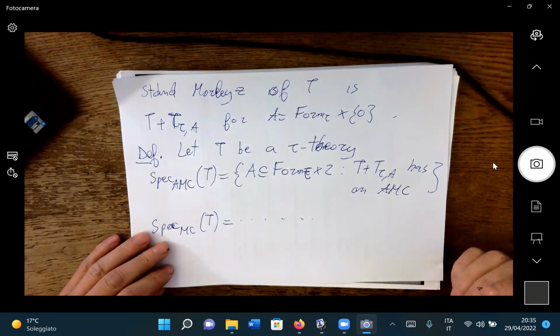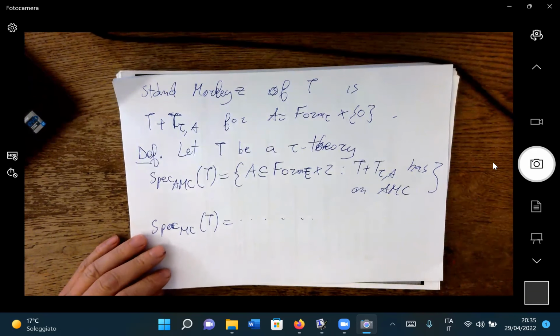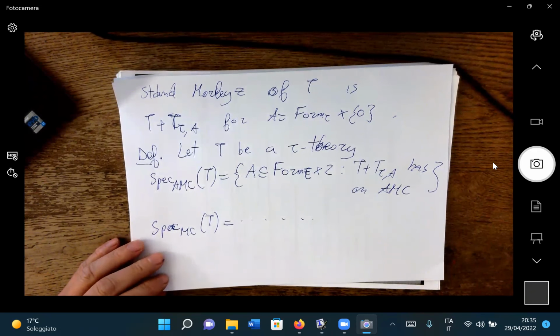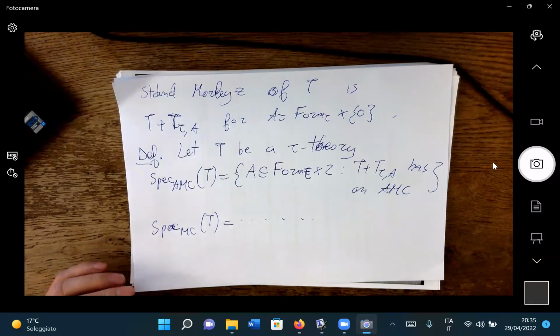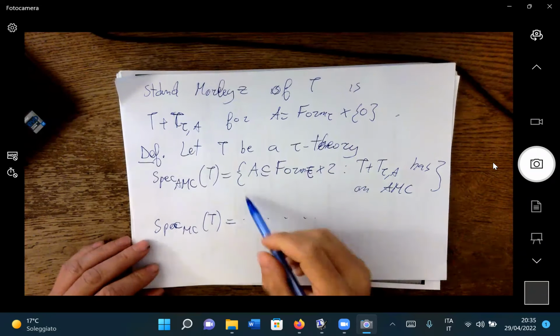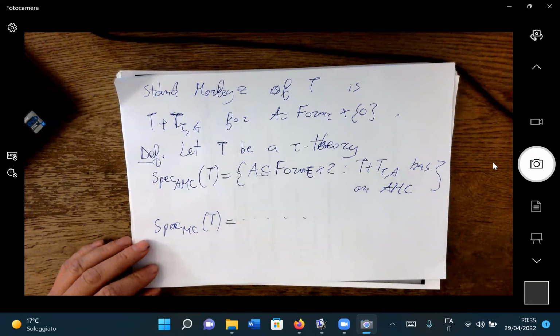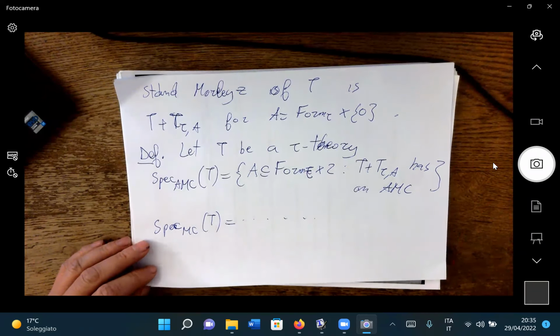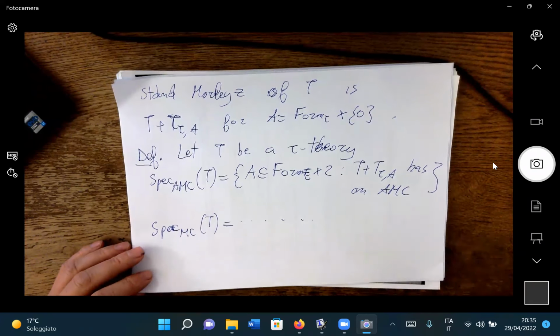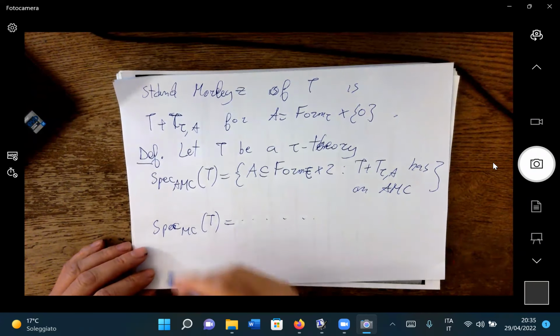But the point is that when you detect that an A is in the spectrum, you are getting important information on the theory. You are detecting concepts which are central for the theory. The formulae in A are detecting fundamental concepts of the theory. And I will show you soon examples.